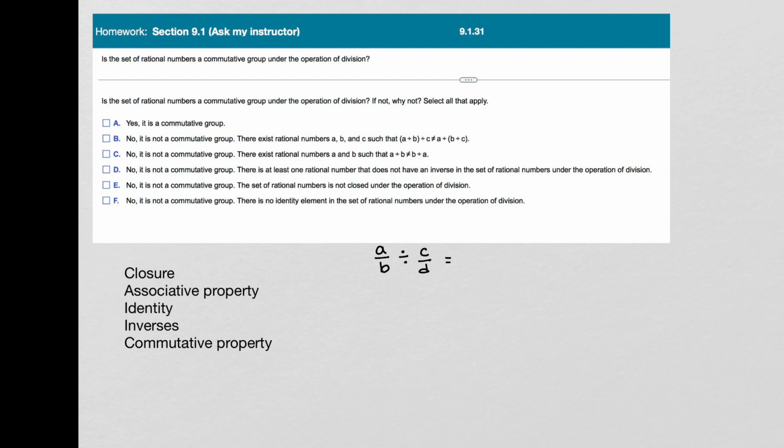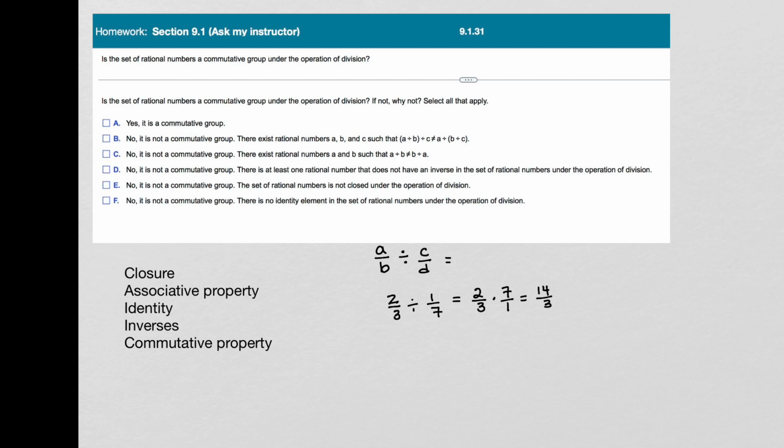And for the most part, that's going to be true. If I take 2 over 3 divided by 1 over 7, well, that's 2 over 3 times 7 over 1, and that gives me 14 over 3. So my one example seems like it's going to work.